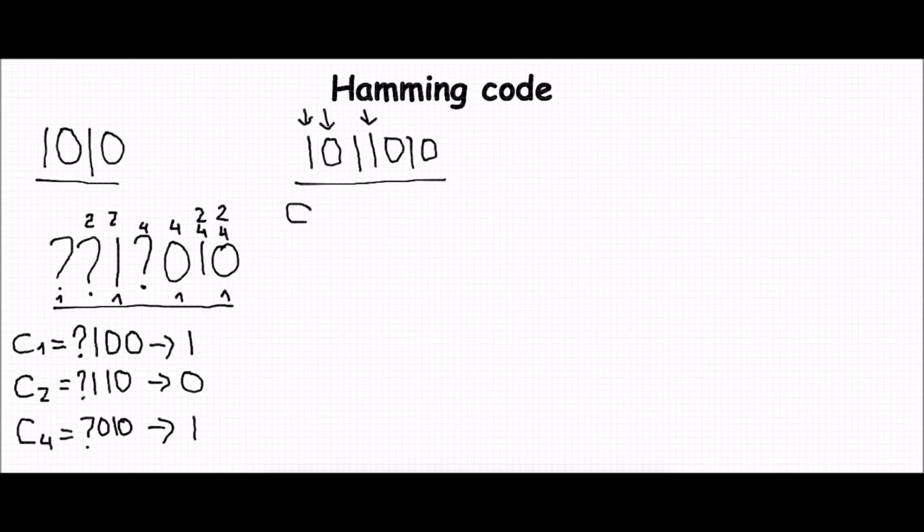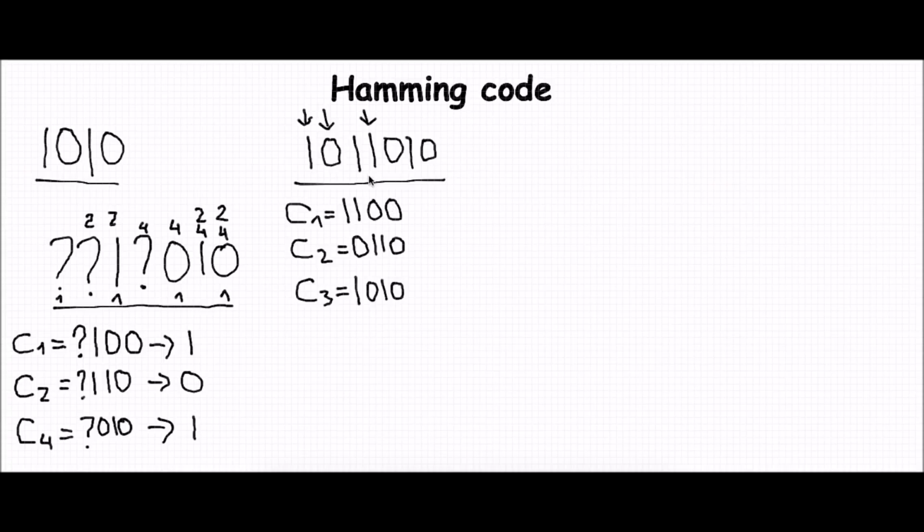The first control bit controls the one itself, skips one, controls the 1, skips 1, 0, skips, controls. The second control bit controls the one itself, the one next to it, skips 2, and then controls the last. The third control bit controls the one itself and the 3 next to it.